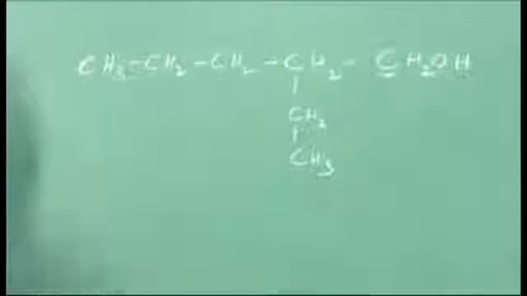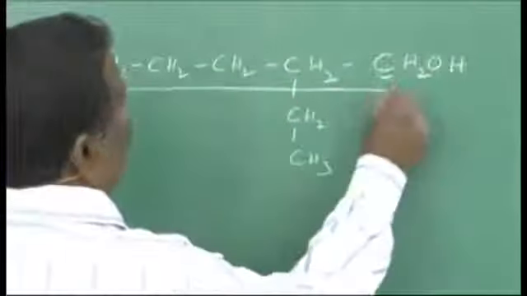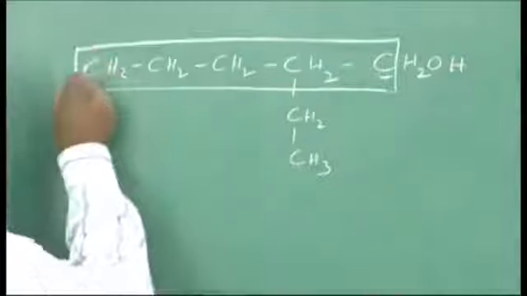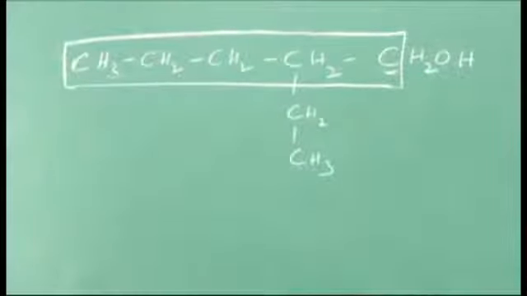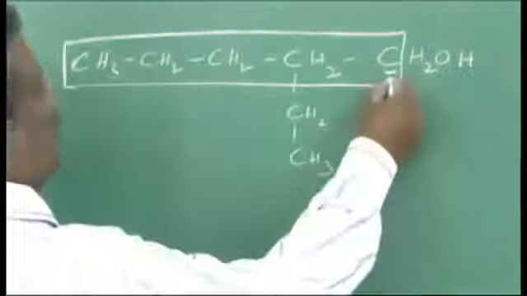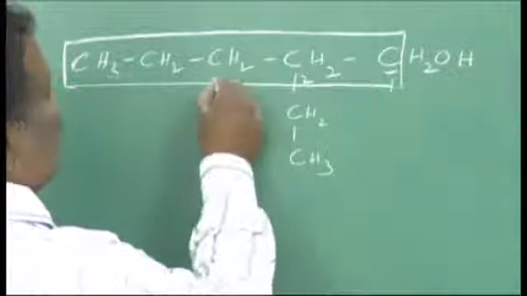So here, though it contains only 5 carbon atoms, for this compound we will take this as the main chain. And the numbering should also be done from this side only. There is no other option.